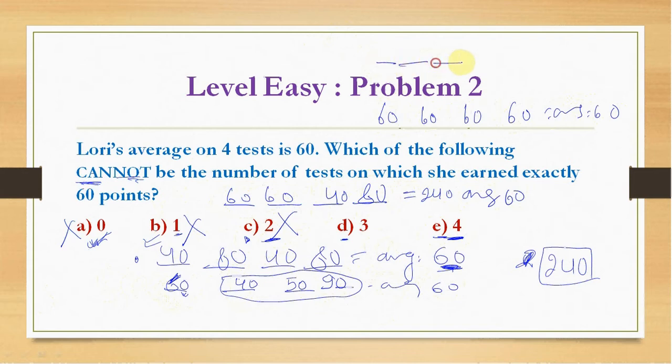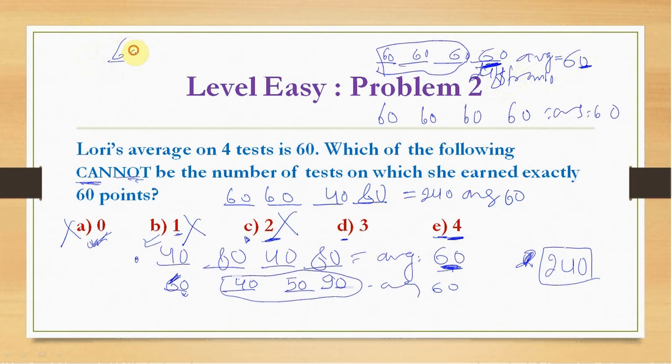She cannot obtain 60 on exactly 3 tests. In order for the average to be 60, if she obtains 60 on 3 tests, she must obtain 60 on the fourth test. So it means that she cannot earn exactly 60 points on 3 tests only. If the score on the 4th test is different from 60, the average won't be 60.